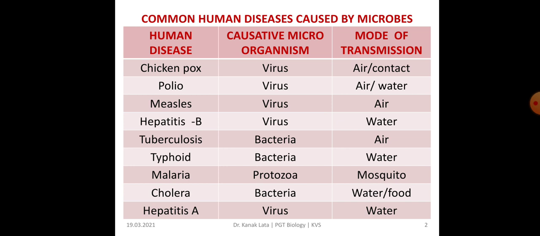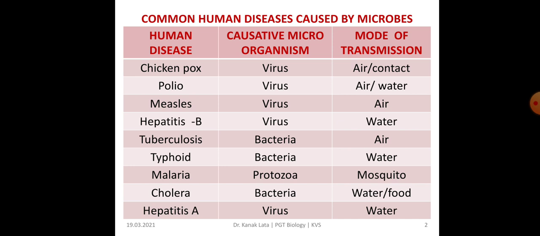Next one is malaria, which is caused by protozoa and the name of the protozoa is Plasmodium. But how does it enter into the body of human beings? It enters the body of human beings by mosquito bite, and the name of the mosquito is female Anopheles mosquito, which carries Plasmodium.